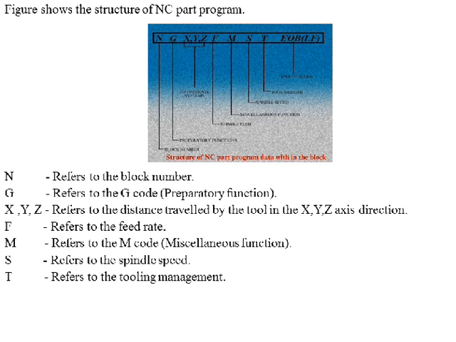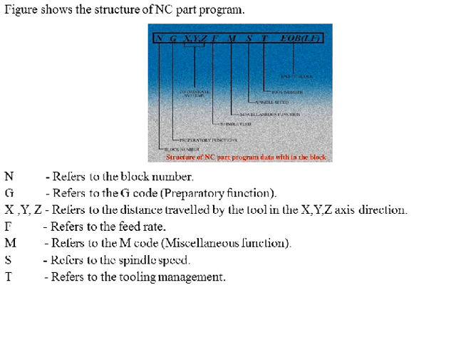What does each block specify? The first address, N, refers to the block number. The second address, G, refers to the G code used, that is, the preparatory function used.